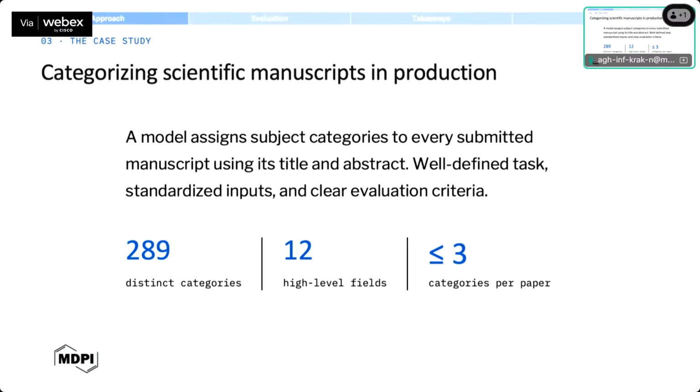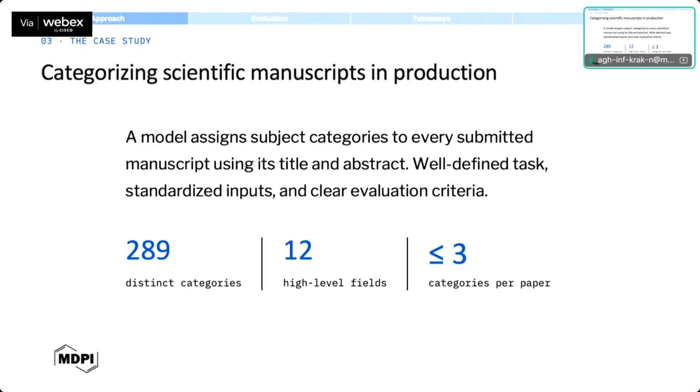For that, we have a BERT model that assigns these categories to every submitted manuscript based on the title and abstract. We use the title and abstract because it's a short part of the manuscript that already enables us to capture the meaning of the entire manuscript.